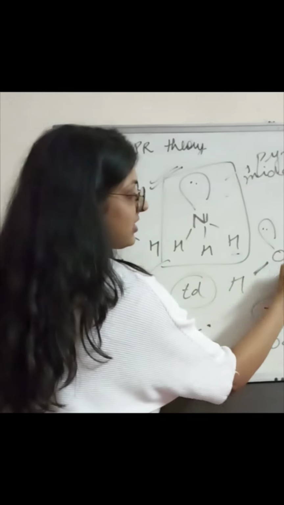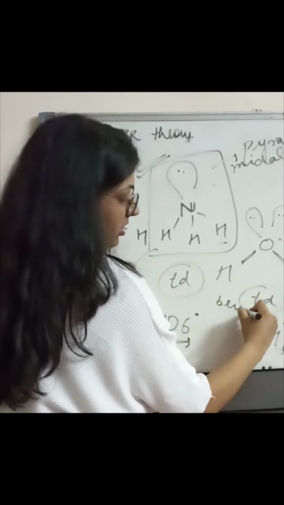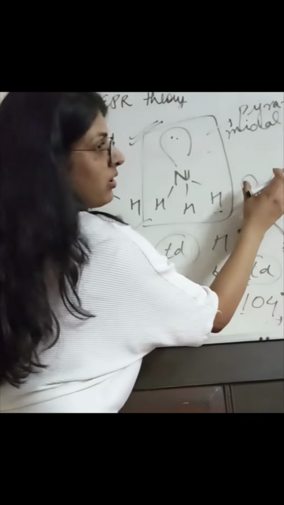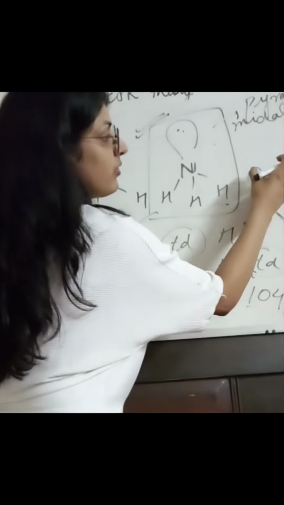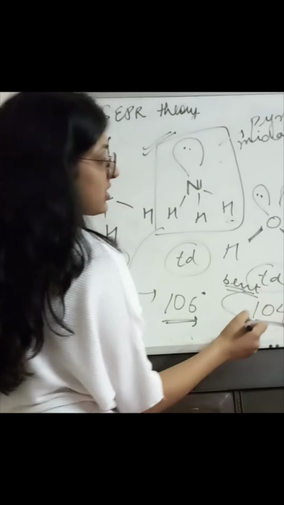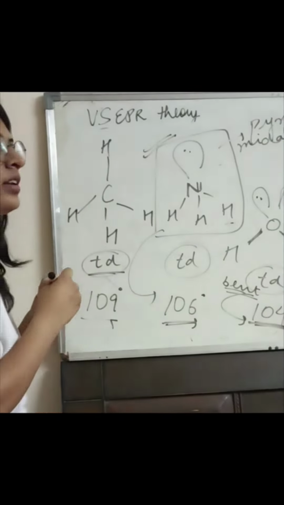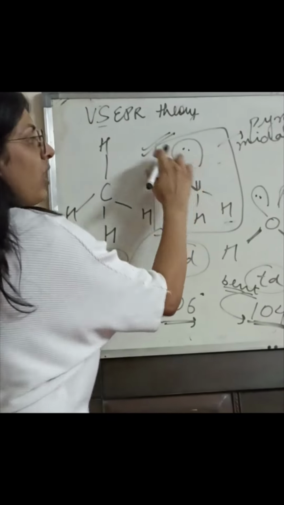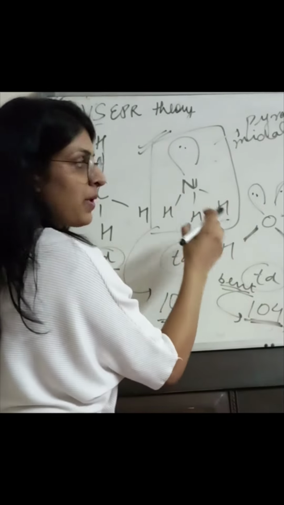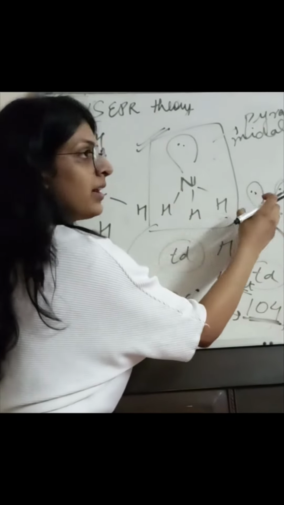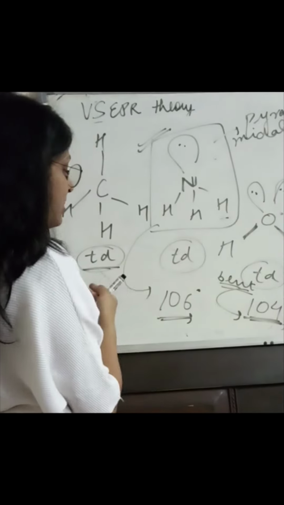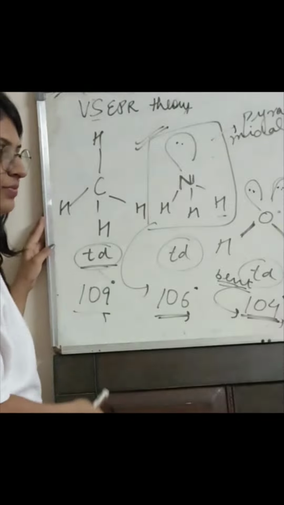In water we see that its shape is bent due to the two lone pairs which repel each other. Due to this repulsion of lone pairs, the bond angle comes out to be 104 degrees. So when there are lone pairs in the molecules, repulsion occurs, and due to these repulsions, the molecule wants to gain maximum stability, so the bond angle comes out different from that of CH4.